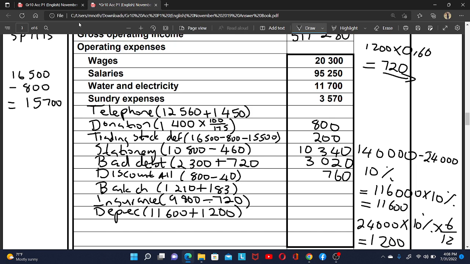The answer is 1,393. And then 900 minus 720, 9,080. And then we have the depreciation, 1,200, 1,800.